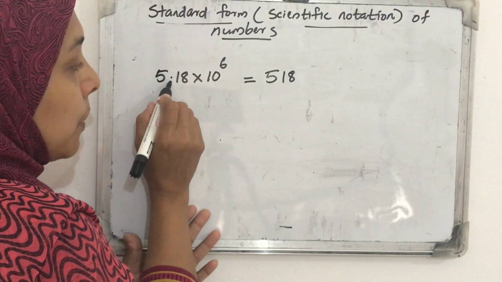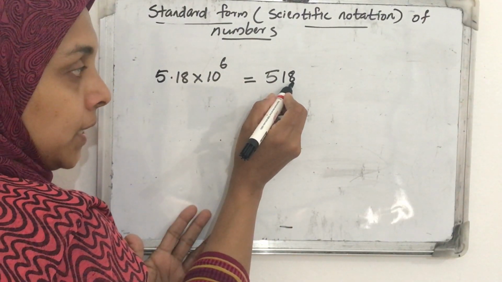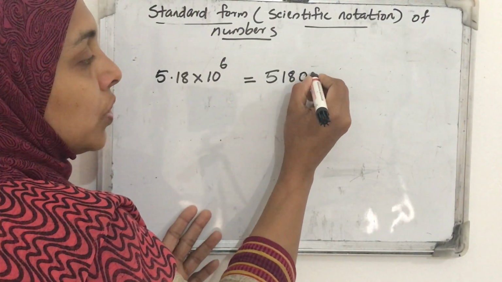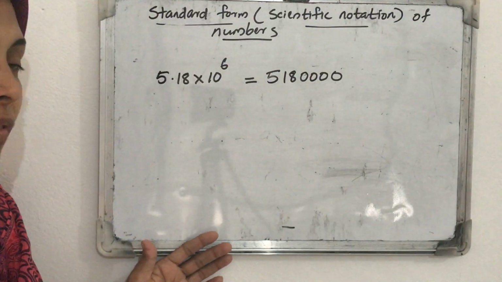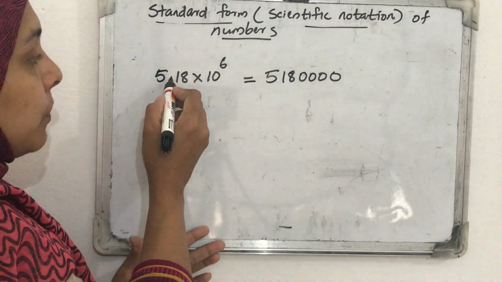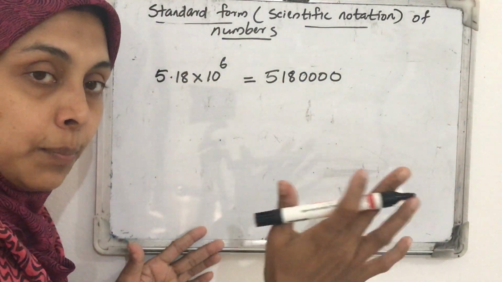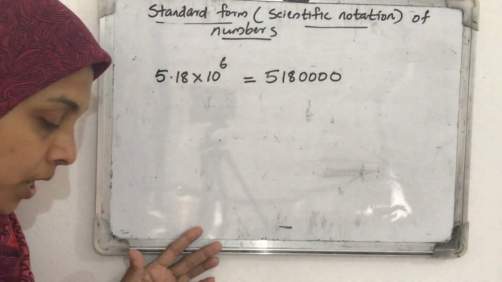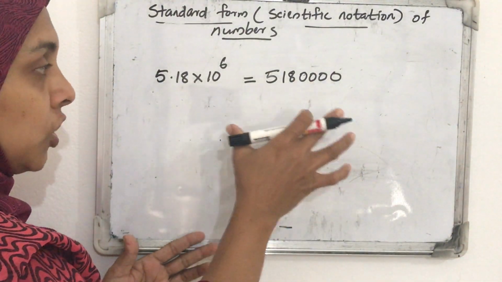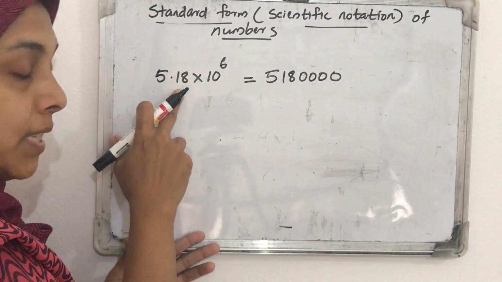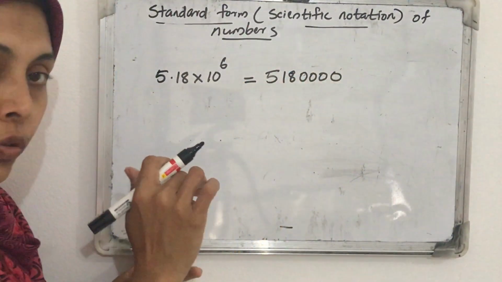First the decimal point was here, so after that decimal point we already put 2 places. Then 4 more zeros will be there. So that will be the expanded form of this number. After the decimal point we want to move the decimal 6 places to the right side. So total 6 places needed. In these digits we already have 2 places. After that, 4 zeros we can add.